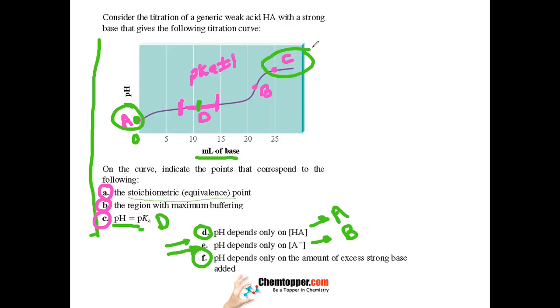They will put some mark on it and ask you to identify what this point is, at what point of the titration you have this particular pH. This is a very popular concept. pH equals pKa is the half equivalence point, when half of the acid is neutralized, right? Okay.